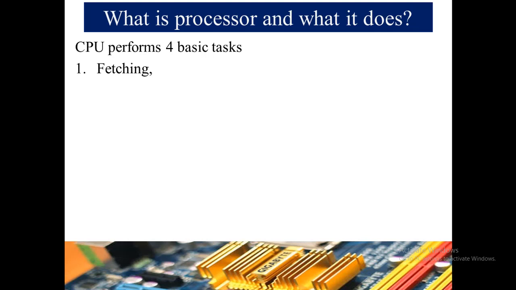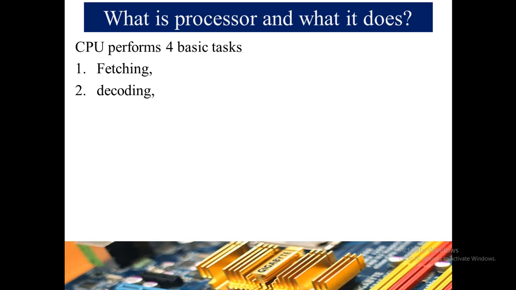Number 1, it fetches the data from the memory. As we have earlier discussed, we save data in the memory. So to perform operations on the data, the processor will fetch the data from the memory and then decode it, as the software engineer or programmer gives instructions to the computer in a high level language. The ISA, that is the instruction set architecture, converts this high level language into low level language.